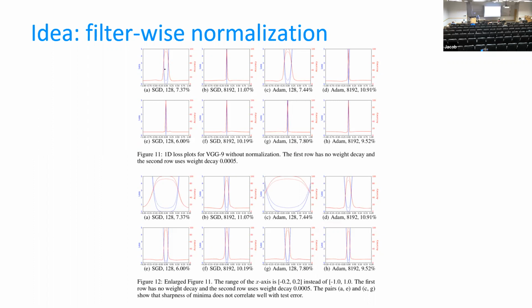So what do you notice about A versus E? Which is flat, which has a smoother loss surface, A or E? A has a smoother loss surface, and which has a lower error? E, right? E has an error rate of 6% versus A has an error rate of 7%. So in this case, it makes it look like a narrow minimum, a sharp minimum, has better generalization.